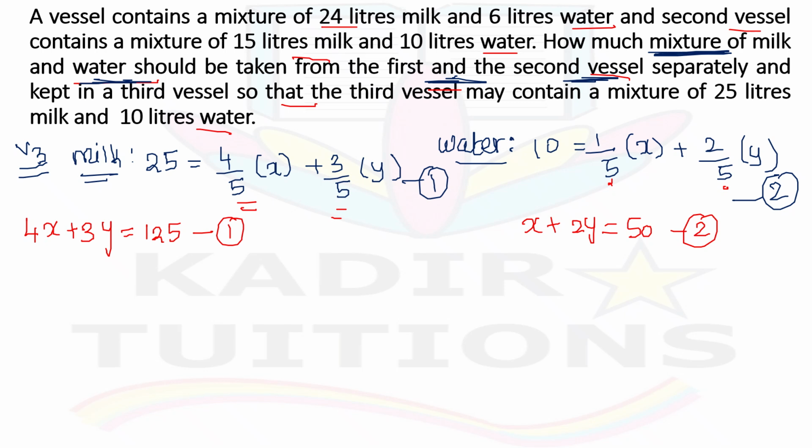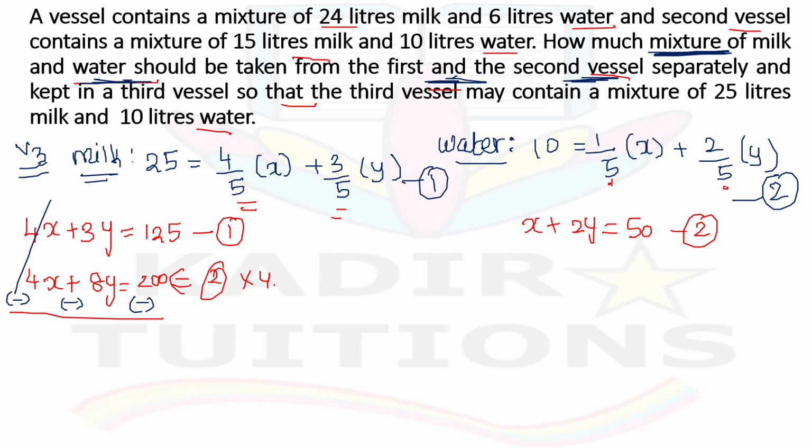So now how to solve this one? The second equation can be multiplied with 4. So I'm just multiplying the second equation with 4. It will become 4x plus 8y equal to 200. So now we are going to solve this. While solving, we need to change the sign of the second equation throughout.